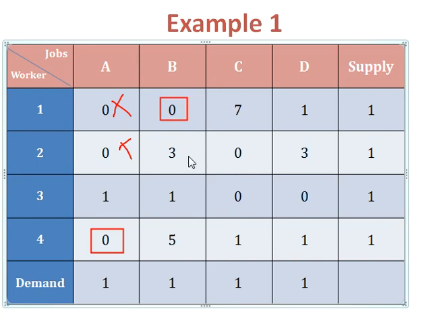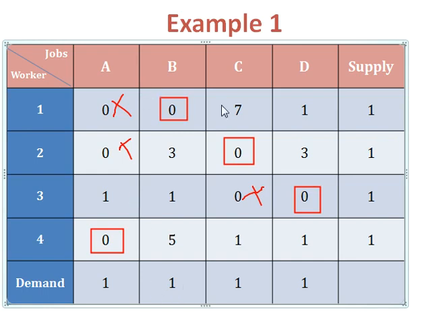Okay, now the next minimum number of zeros available is in this row, so we'll allocate over here, and we can cancel out the remaining zero in that particular row or column. Clear? Now check the next available row with minimum zeros, it is this one. Okay, so now we have completed our allocation.